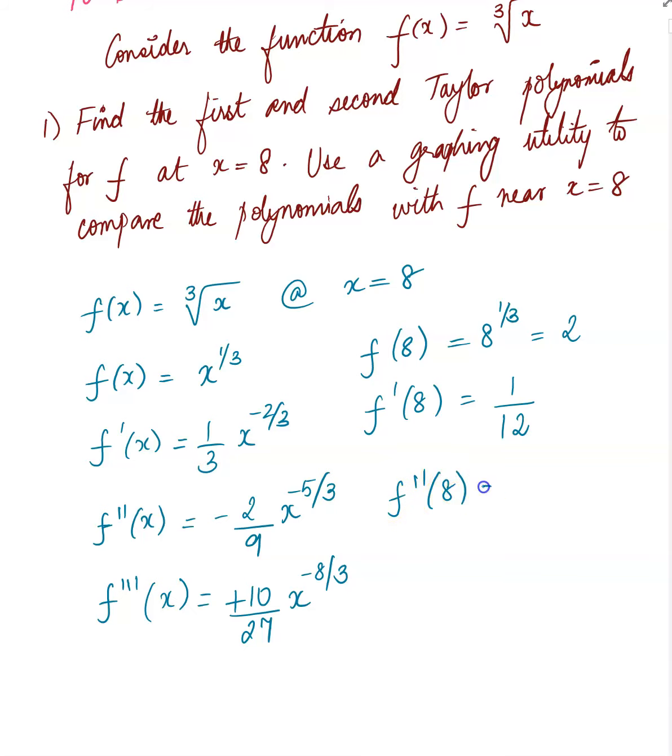f double prime of 8 is negative 2 over 9 times 8 to the power negative 5 over 3. 2 to the power 5 would be 32. 32 times 9 over the 2 on the top, that will be 16. So that will be negative 1 over 144. We don't need this, so I'll just remove this.